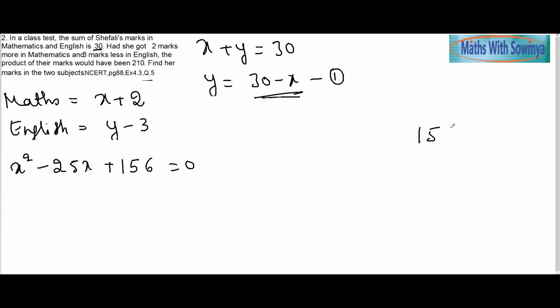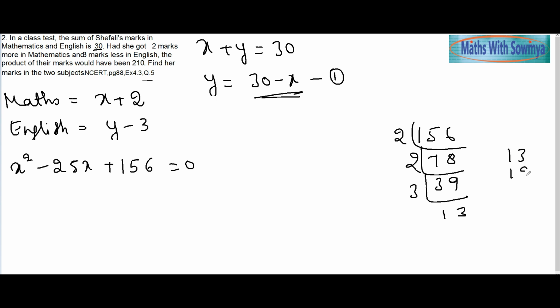156, take the prime factorization. This is 12 and 13. If I take 13 and 12, it will give me 25. Both I will put minus. So minus 13 into minus 12 will give me plus 156.